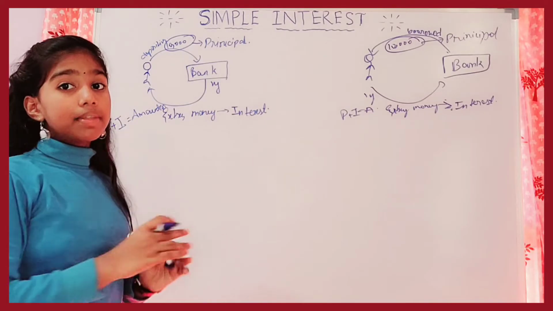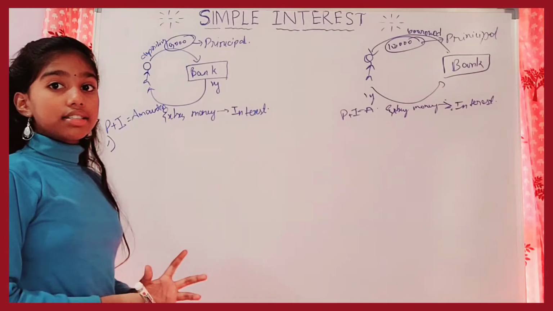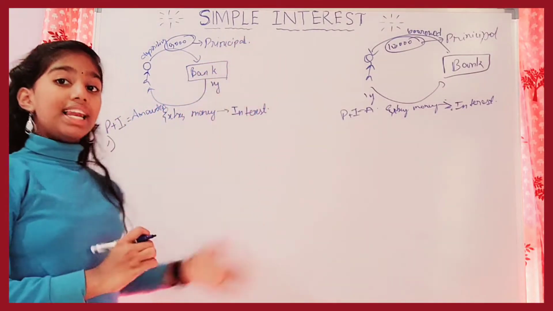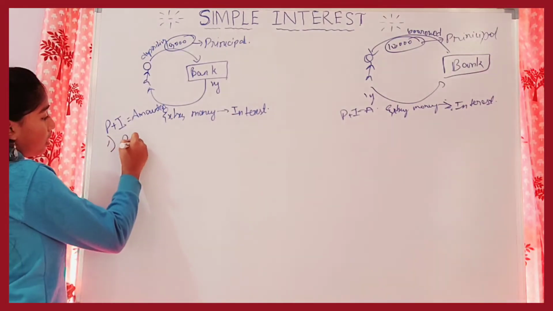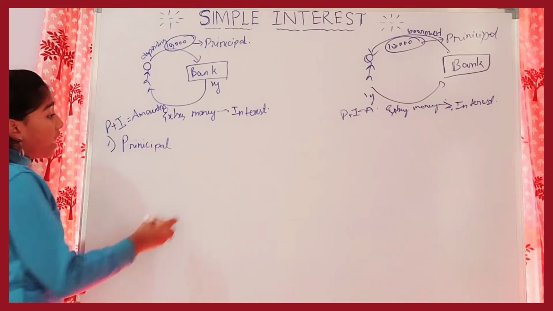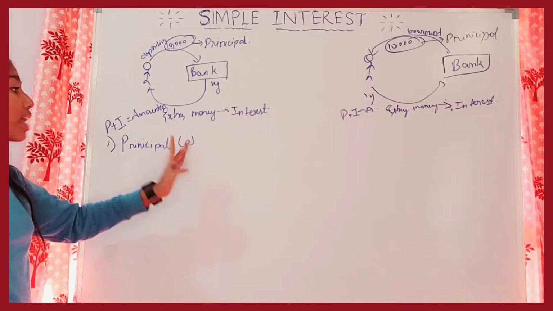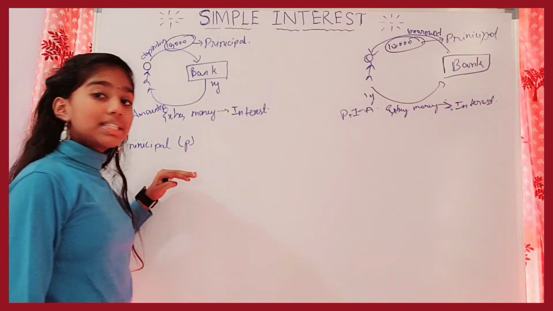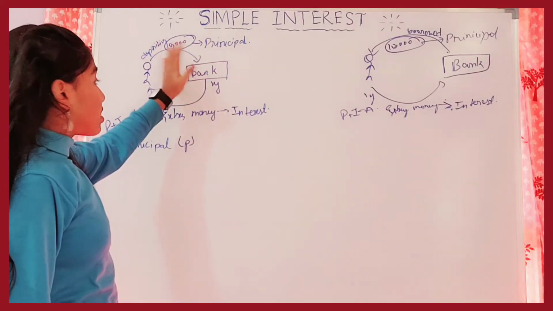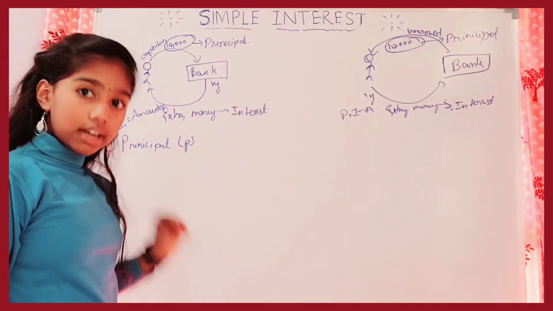Now let's see some terms of simple interest. The first term we have already discussed, that is principal. What is principal? Principal is denoted by P. The deposited or borrowed money from the bank or from a person is called the principal.